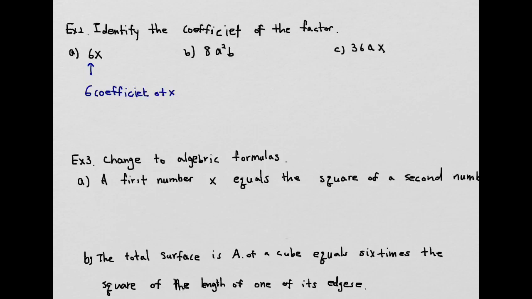For the same reason, example B, you have 8, which will be the coefficient of a squared times b. So 8 is the coefficient of a squared times b. But if you want to look at it a different way, you can also say a squared is the coefficient of b.